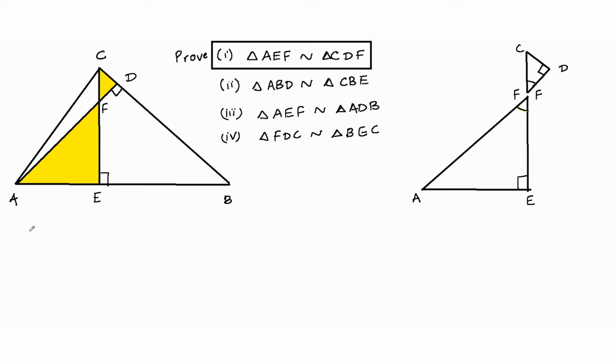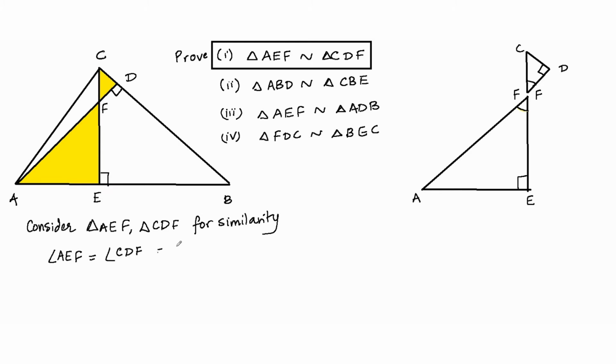So let us write these statements. Consider triangle AEF and triangle CDF for similarity. I know that in these two triangles, angle AEF is equal to angle CDF, which is equal to 90 degree because this is given to me. And also angle AFE is equal to angle CFD because these are vertically opposite angles, right?